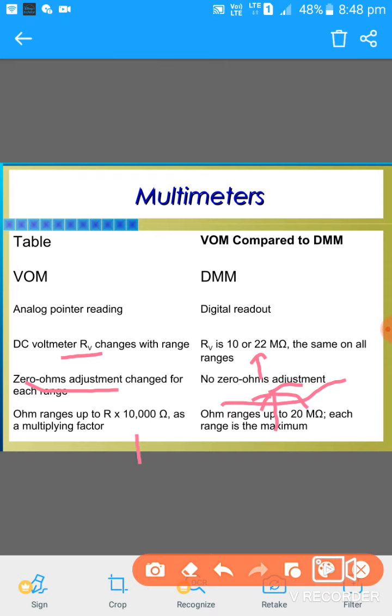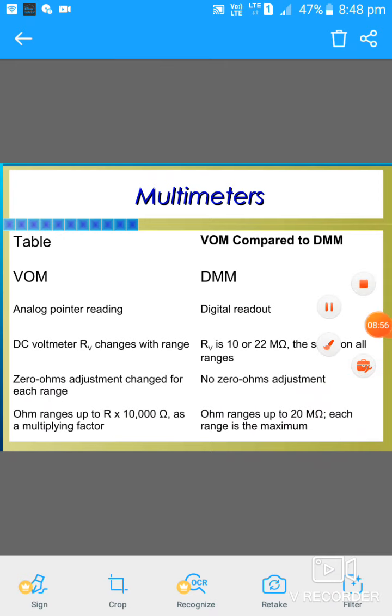In the volt ohm multimeter we can connect an external resistance with ranges having a multiplier factor up to 1000 ohm, and in the digital multimeter we can use only up to 20 megaohm resistance.